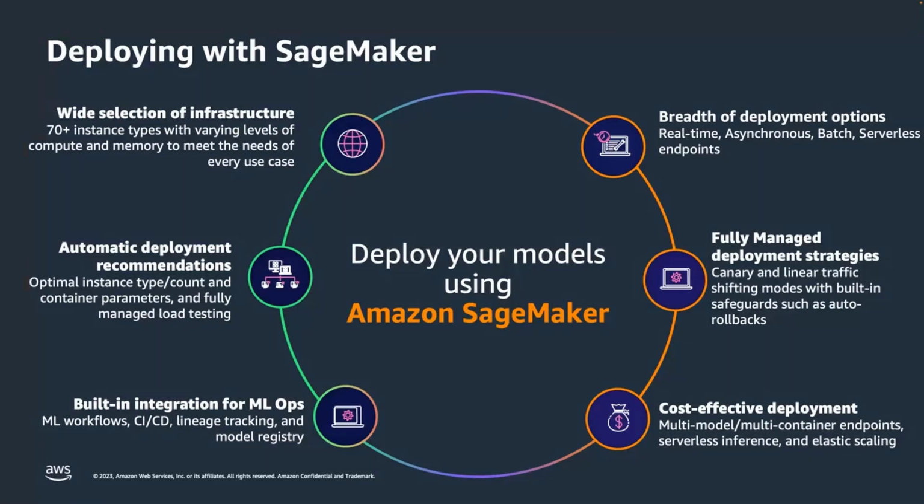In addition to those four main types of deployment offerings, there are capabilities within those, like the ability to host multiple models behind a single endpoint. All of this without needing to manage the underlying infrastructure that is being used to host your model for predictions.